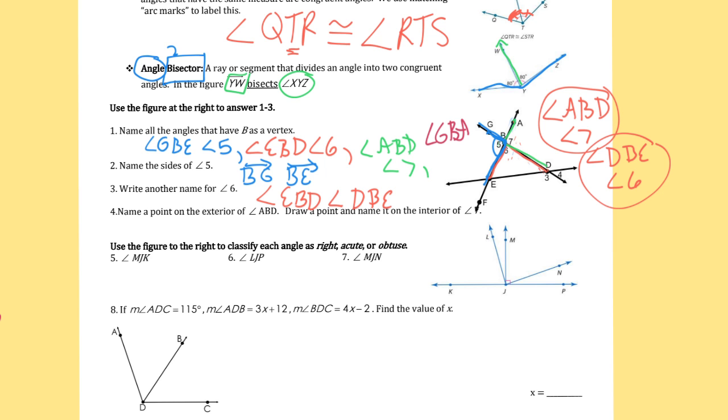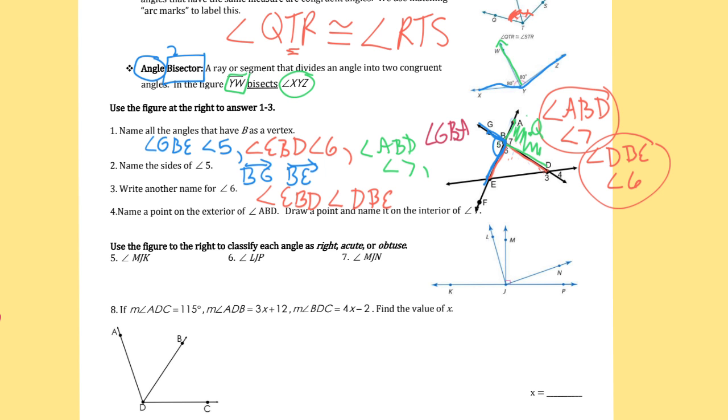Now name a point that's on the exterior of angle ABD. So here's ABD, and the interior is right here. If I said give me a point on the interior, you could put a point right here, like point Q, in the C of that angle. But it says give me one on the exterior, outside of it.